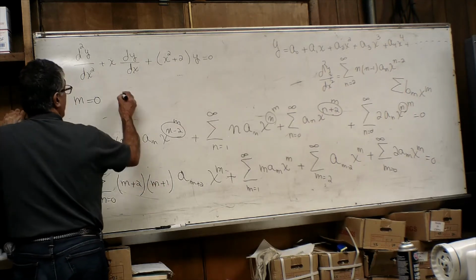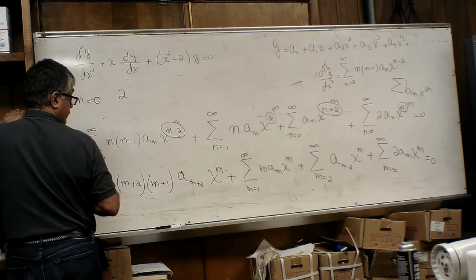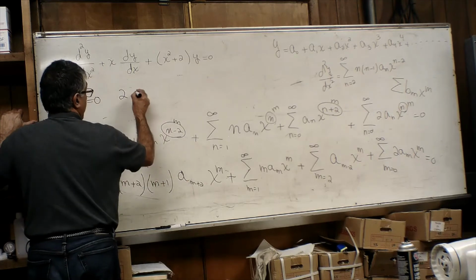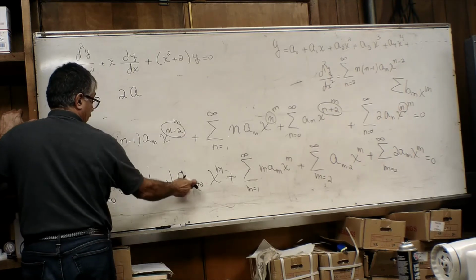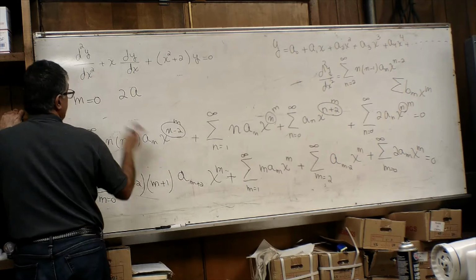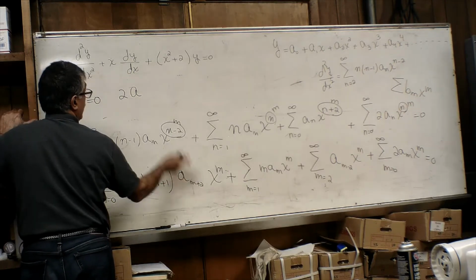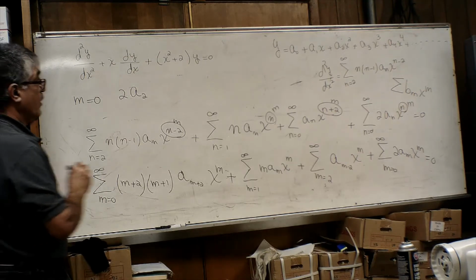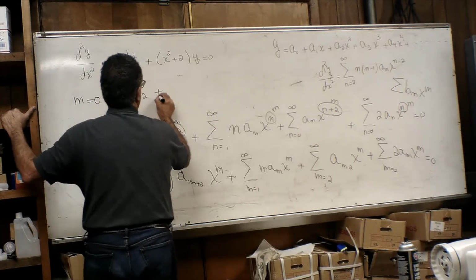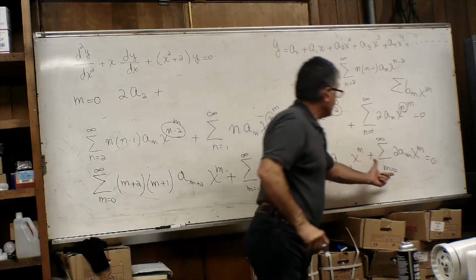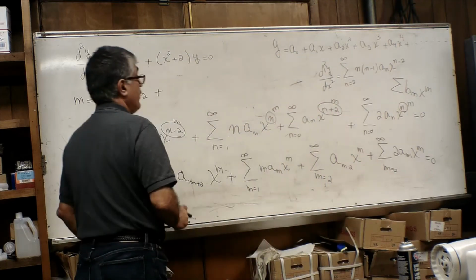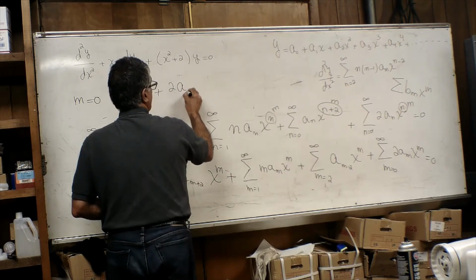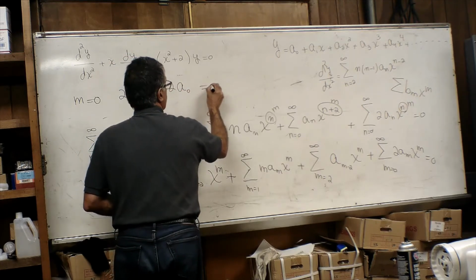So 2 multiplied by 1 will be 2, a n plus 2, so with n equal to 0, it will be a2, plus, in the last summation, for n equal to 0, plus 2a0 equal to 0.